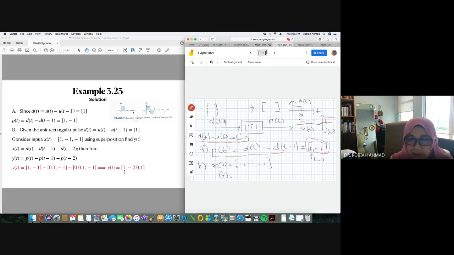Okay. So for this xt, kita ada 1 minus 1 minus 1. When it is represented by the ut, because it is the input, it holds, dan sini adalah masa dia 0. So it is actually in terms of the input DT minus DT minus 1. Okay, so ini masa t equal to 1, ini masa t equal to 2, and the amplitude is negative.